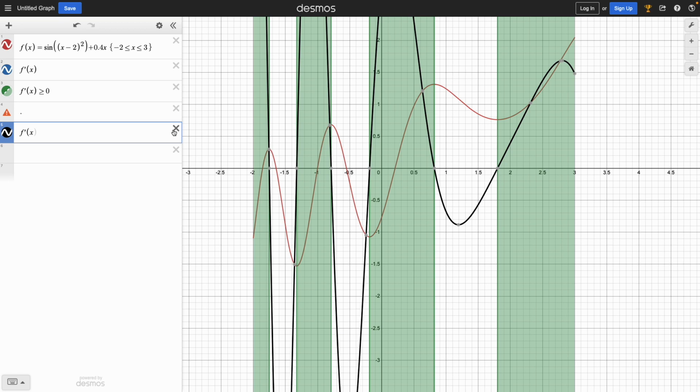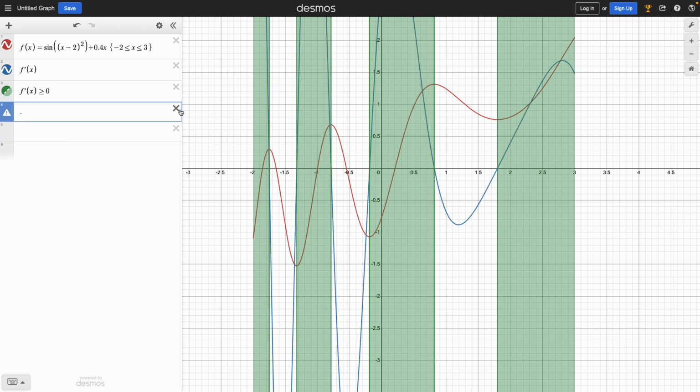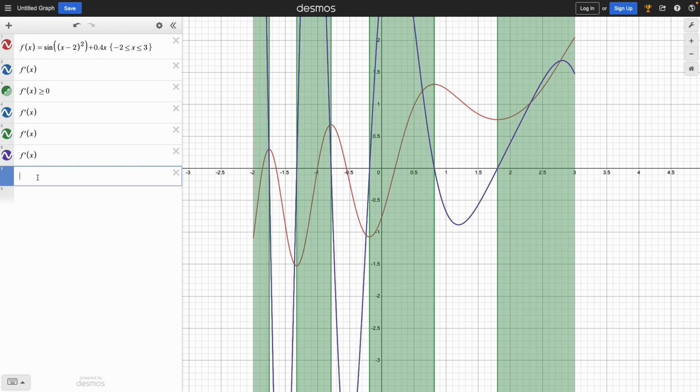I'm trying to find the red shade to fit the situation better.